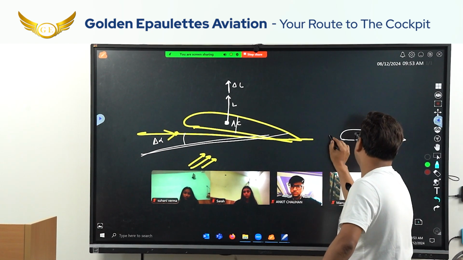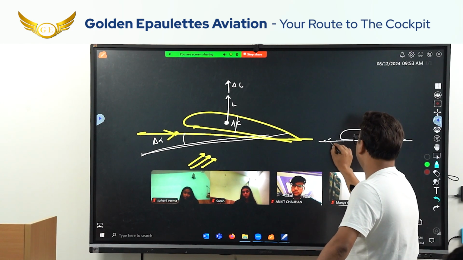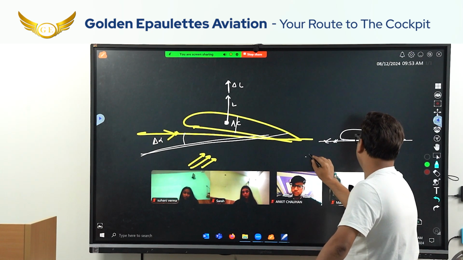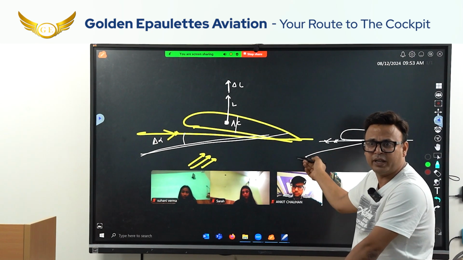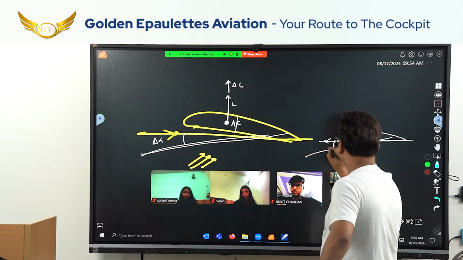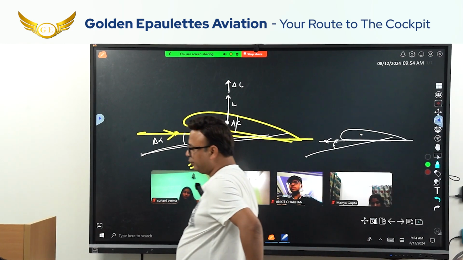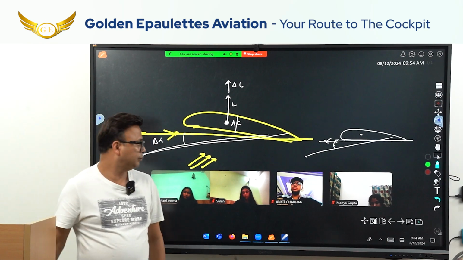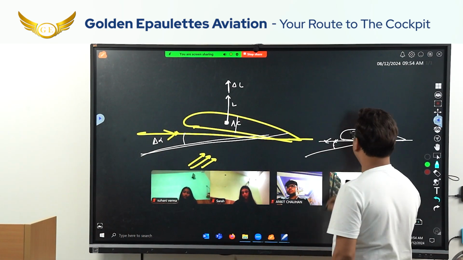The vertical gust, this was also a flight path angle, will hit this also. It hit the wing, so it will hit the tail too. So this will also have an aerodynamic center. Here the lift was this earlier.